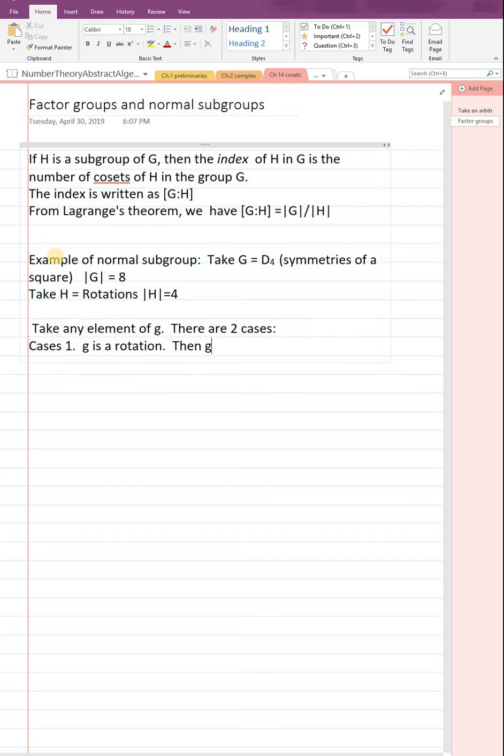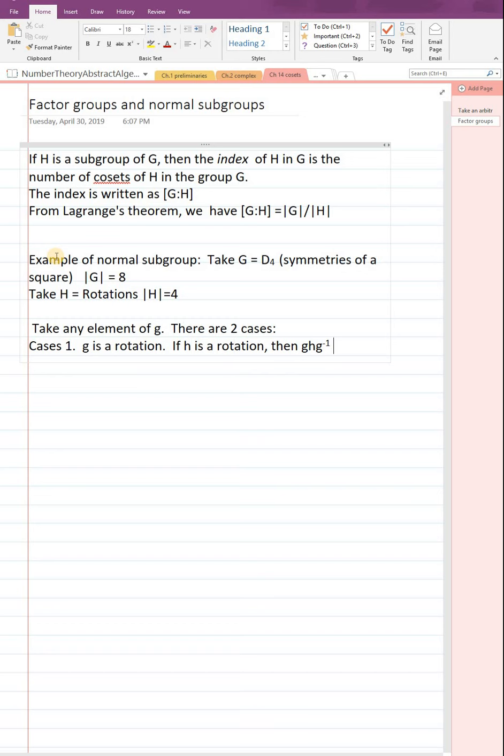Then if I take G times H times G inverse, where H is a rotation, what about GHG inverse?